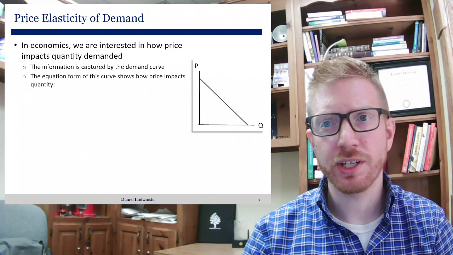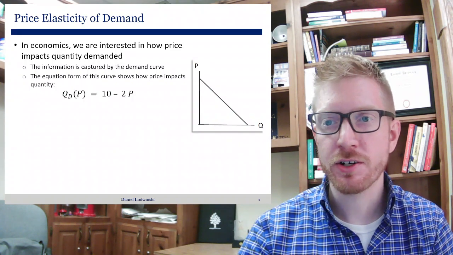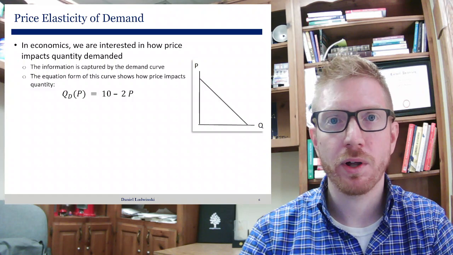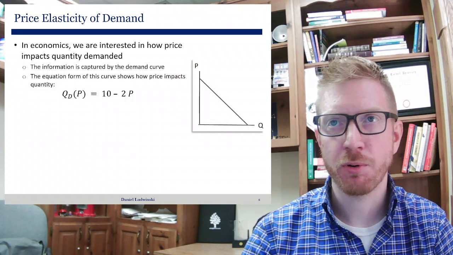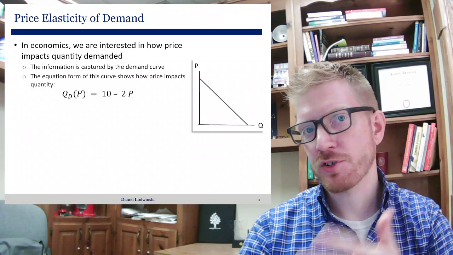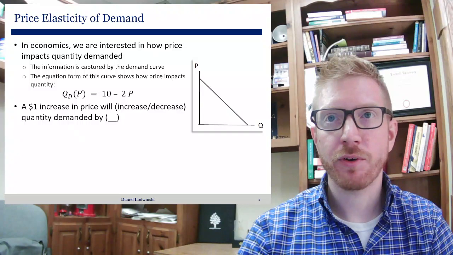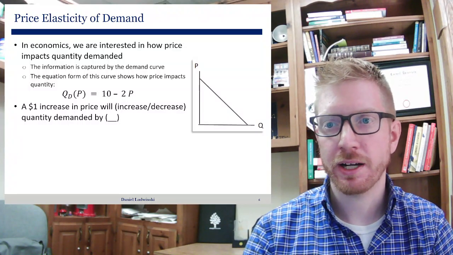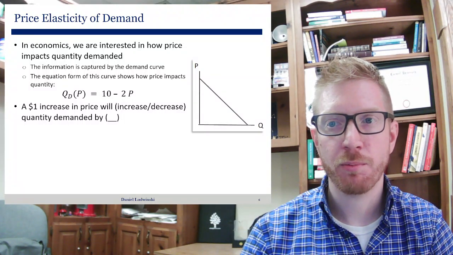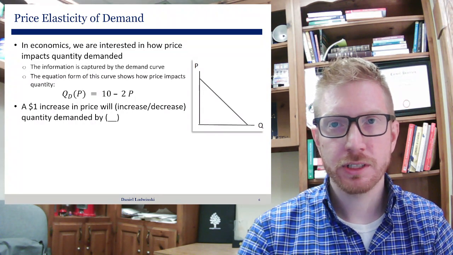And we've also seen this relationship represented in a linear function where quantity demanded is some function of price. And we can already talk about some level of responsiveness without knowing elasticity. For instance, we can talk about what the impact of a $1 increase in price will be using this linear demand curve.